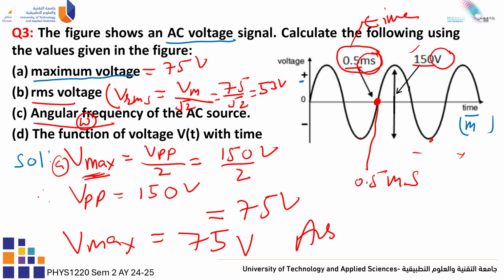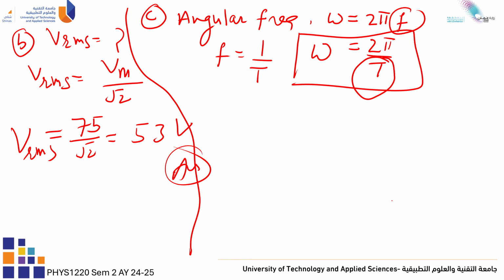It is starting from 0 second, from here to here. If I draw the line like this, this is one cycle, and the time of the one cycle is 0.5 millisecond. So I got this information from the graph, from this signal.